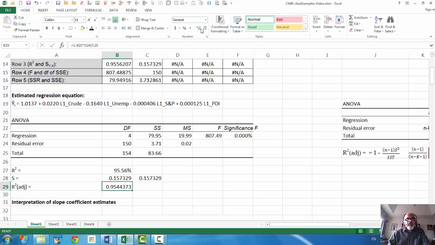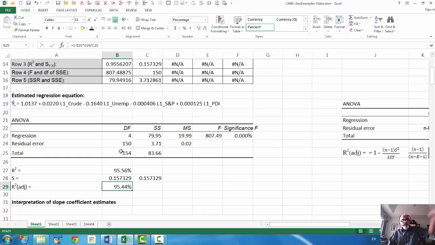Now what happens in multiple regression is that as you add more variables, the residual error will always go down. So SSR will always increase, which means R squared will always increase. But that doesn't mean that the estimate of the variance S, in other words MSE, will go down.